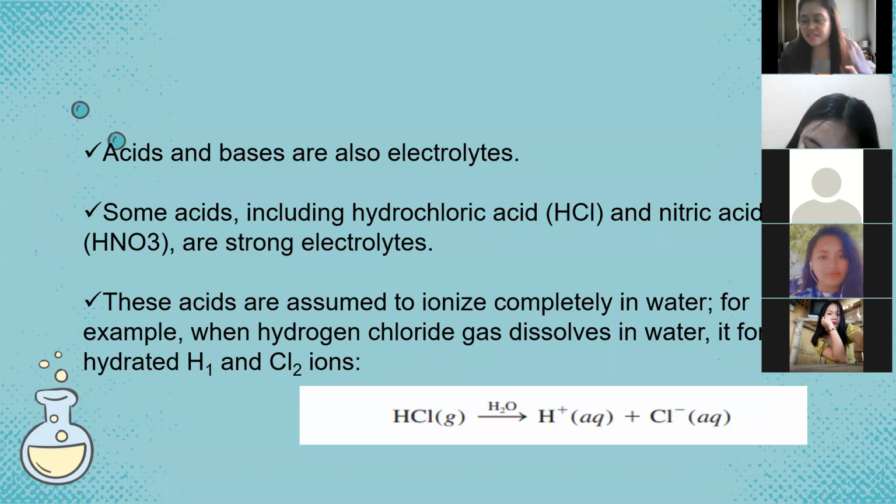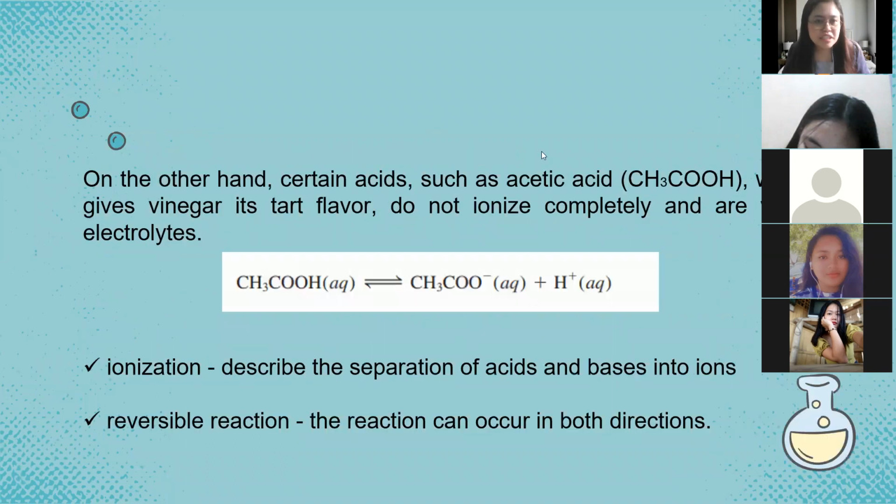Gastroesophageal reflux disease, where the acid rises up into the esophagus. In layman's terms, we call that heartburn. It is painful, because our esophagus is not the same as our stomach that can withstand the acid. Okay? So it is a strong electrolyte.